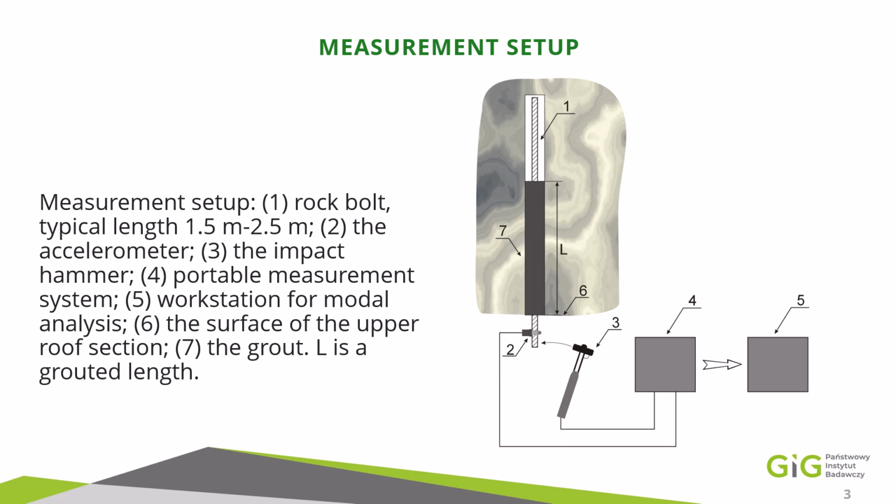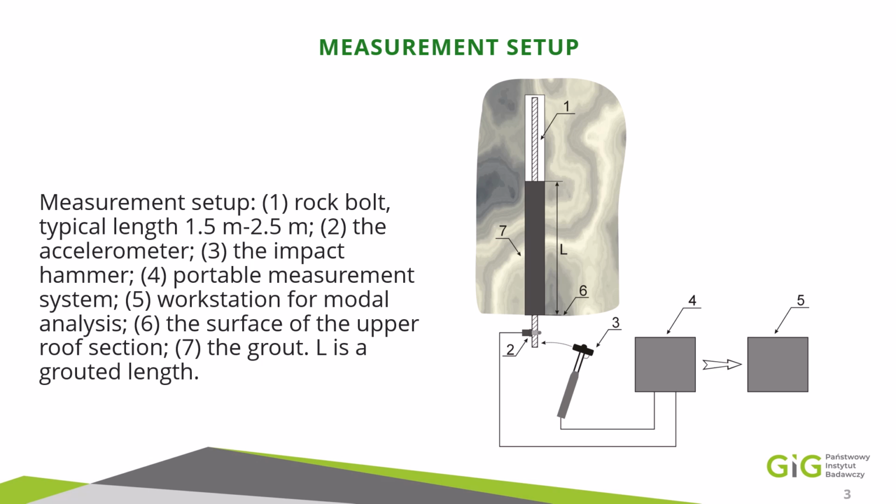The structure was hit using a modal hammer with a force transducer placed in the head of that hammer, and the reference signal, the response signal, was transmitted from an accelerometer, which is placed on that outer, sticking out part of this rock bolt.